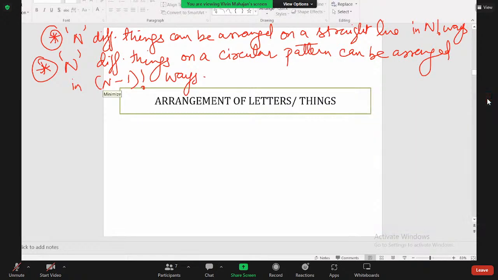Why so? Okay, you are saying the same one is repeating, that's why. No, no, no. Maybe rotation.